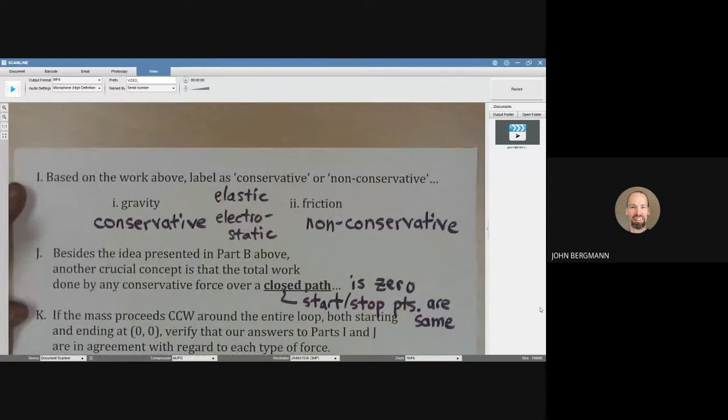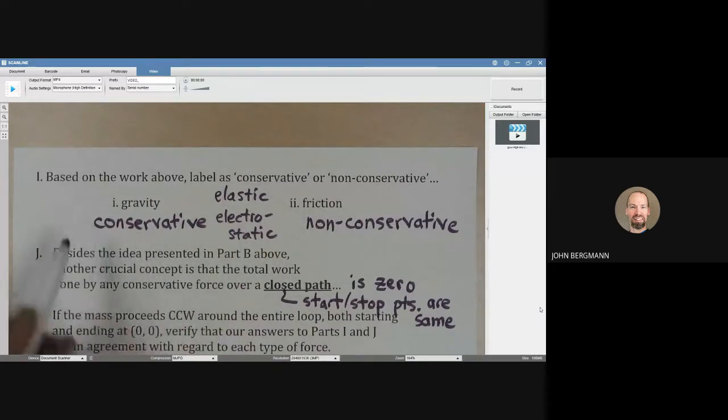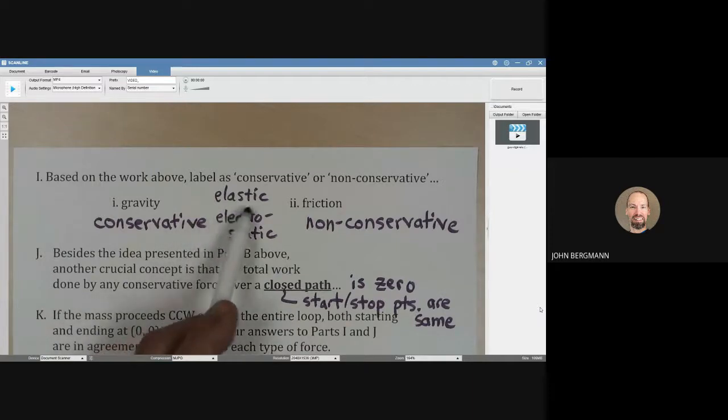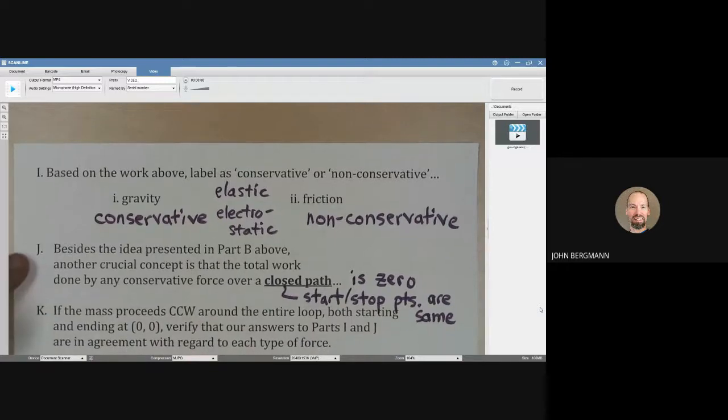And so that's what we're going to say here. Label is conservative or non-conservative. Gravity is conservative. Friction is non-conservative. Two other conservative forces that we'll meet in this series of videos are the elastic force, which is also a conservative force. And then if we talk about electricity and magnetism in another unit, electrostatic force is also conservative.